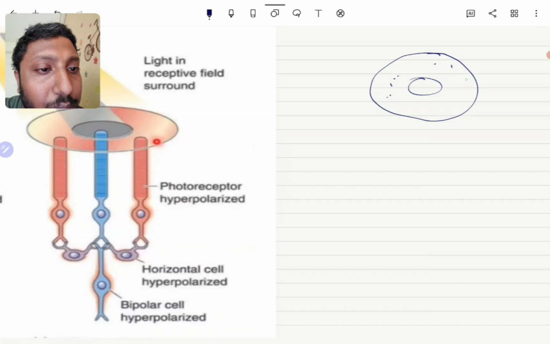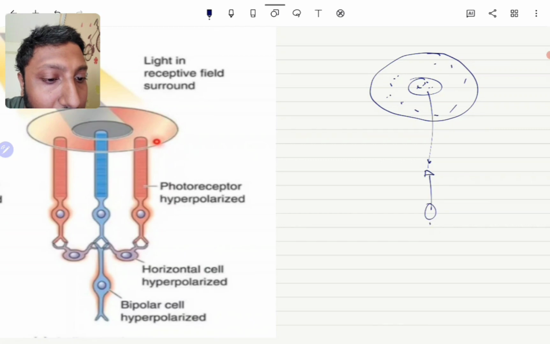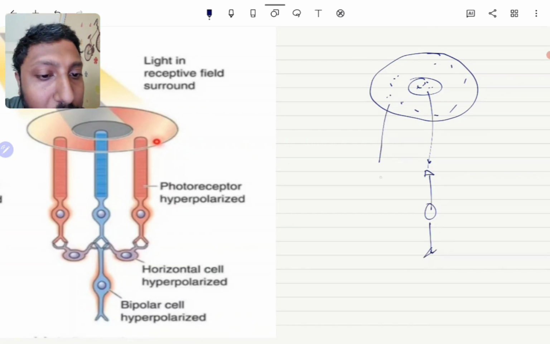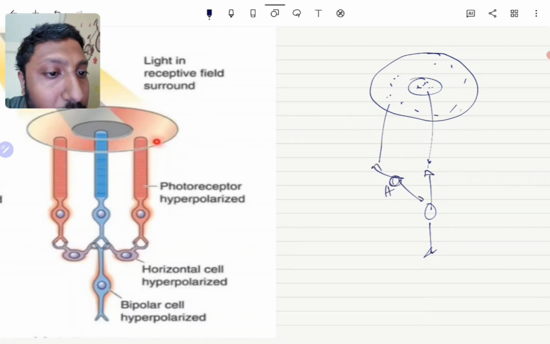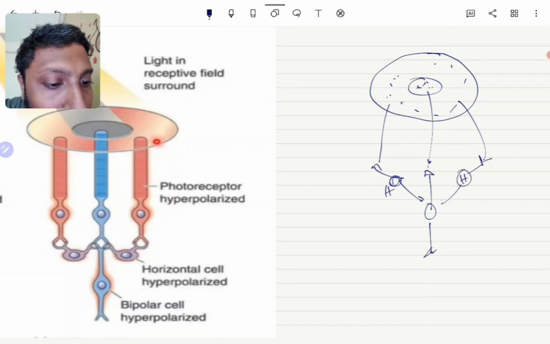There are lots of cones here, but the center is connected to the bipolar cell and the surround is connected to the horizontal cell, and this is inhibitory.